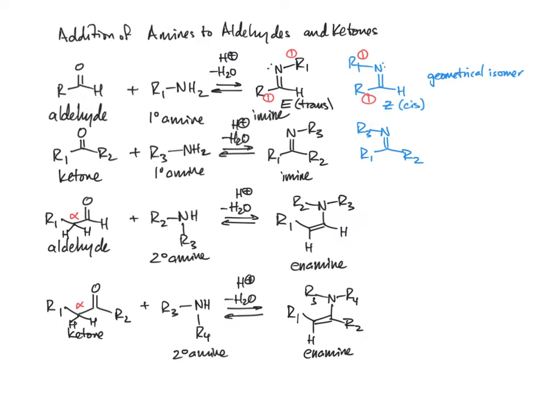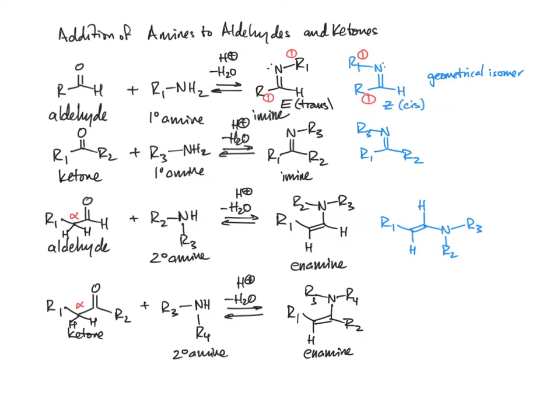So what about for the enamine? These can also have geometrical isomers. So let's go ahead and, in blue, just for comparison purposes, draw them. Okay, so for the enamine resulting from an aldehyde, here are the two geometrical isomers.